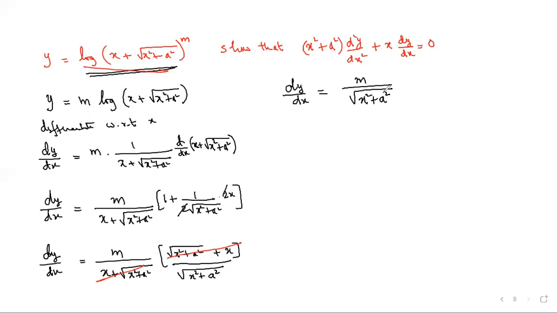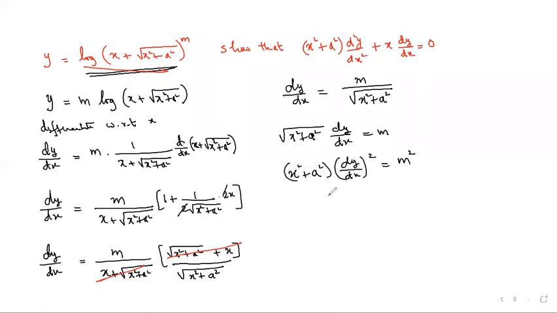Anyway, let's see. Cross multiply: root of x square plus a square into dy by dx equals m. Square it. In this, there'll be no cancellation because there is only one term. Okay, let's see.